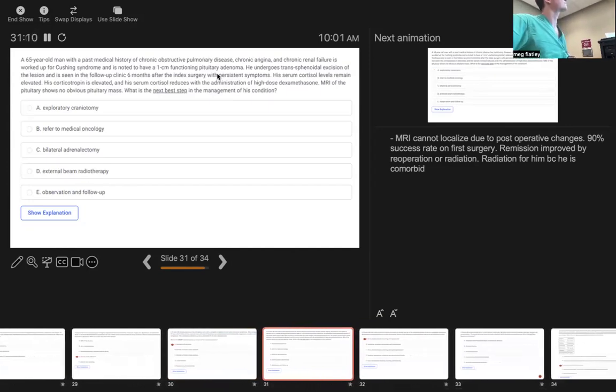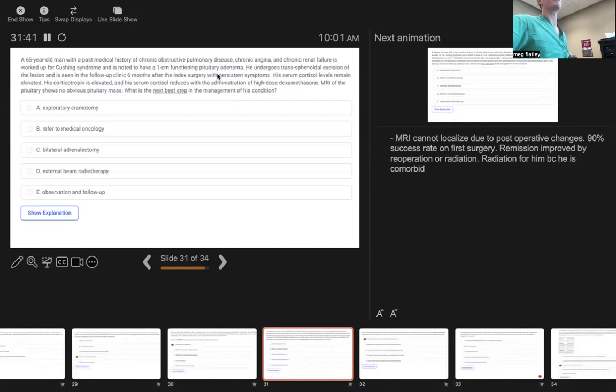A 65-year-old man with past medical history of COPD, angina, renal failure, worked up for Cushing's, found to have a 1 centimeter functioning pituitary adenoma. He undergoes transsphenoidal excision and is seen in follow-up 6 months later with persistent symptoms. His serum cortisol levels remain elevated. His serum cortisol reduces with high dose dexamethasone. MRI shows no obvious pituitary mass. What is the next best step in management?